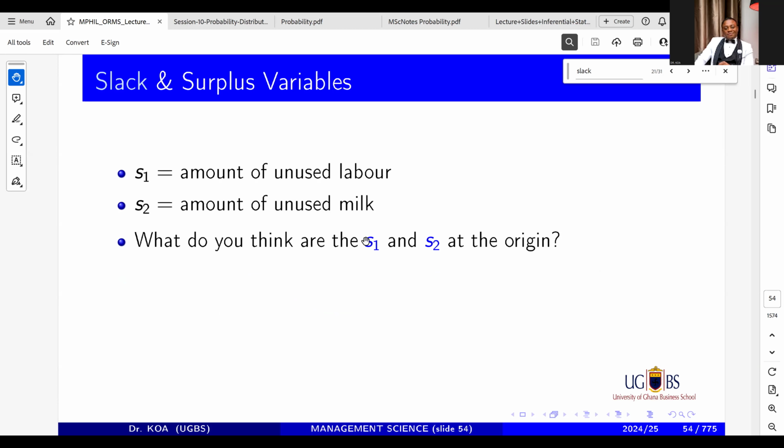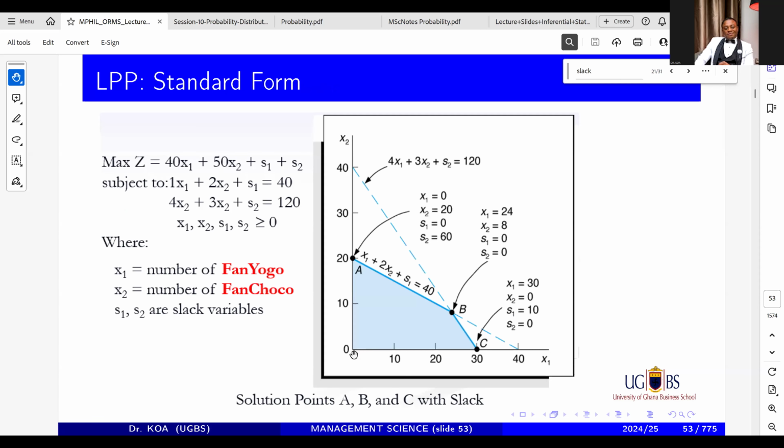Okay. At the origin, you are not producing anything. And so the values of the slacks at the origin is not zero. If you check the graph, you will always see it. This is here. You are not producing X1, you are not producing X2.